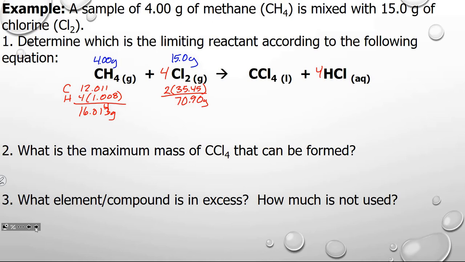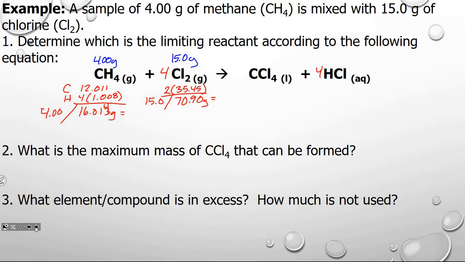Okay, so all I have to do now is find out which one I have less of. So now I'm just going to take that 4 up there, and I'm going to go 4.00, and I'm going to divide it by this to get an answer. I'm going to take that 15.0 and I'm going to divide it by this to get an answer. That will give me moles. That's what we were doing. Okay, so if I'm looking at my mole map, I'm trying to get to moles. So I'm going to divide by the grams.